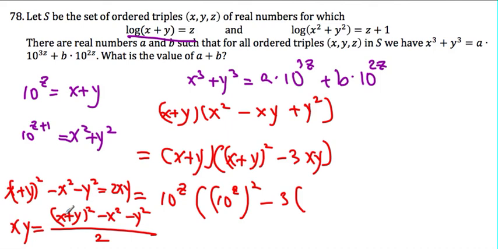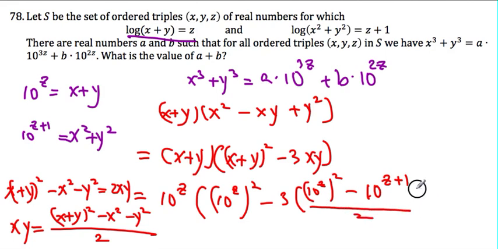Then we have x plus y, which is 10 to the z power squared, and then minus this portion, x squared plus y squared, which is this portion that you see. So therefore what I can do is 10 to the z plus 1, and then all over 2.